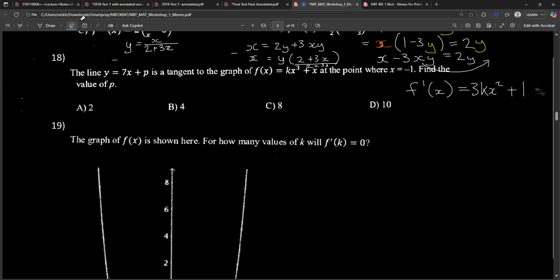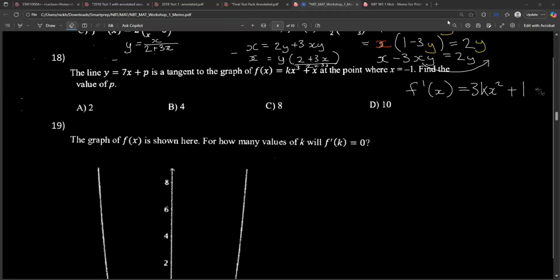So the slope where x is -1 is equal to 7. So we can now figure out what k is. And how do we do that? Because we know that the slope where x is -1 is equal to 7.